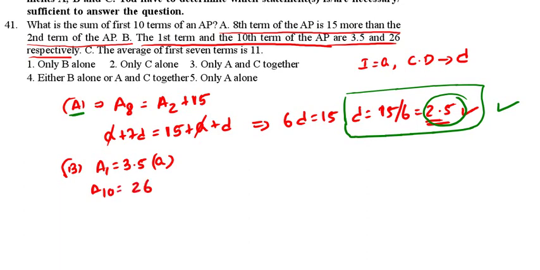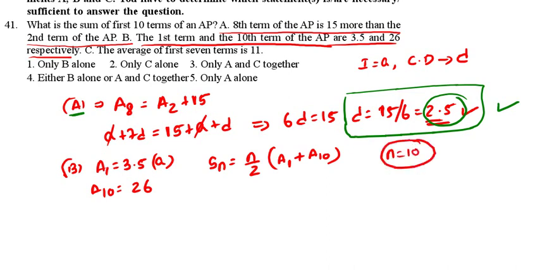We have the formula Sn is equal to n by 2 of A1 plus An. Here n is equal to 10 since there are 10 terms, so A1 plus A10. We have the A1 value and the A10 value, so we can get the sum of the first 10 terms.